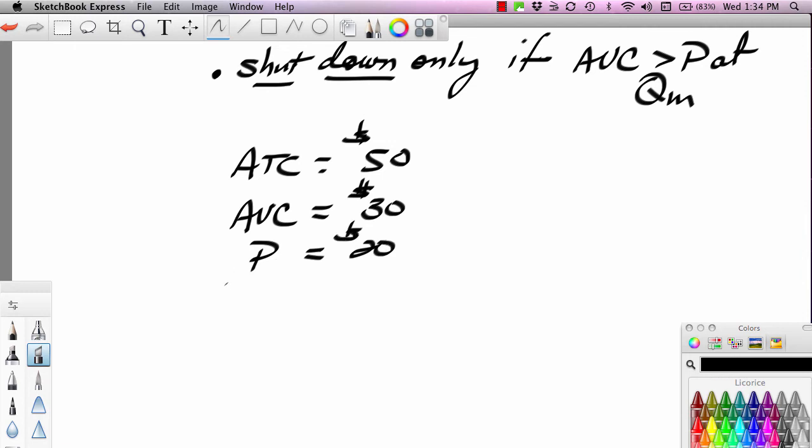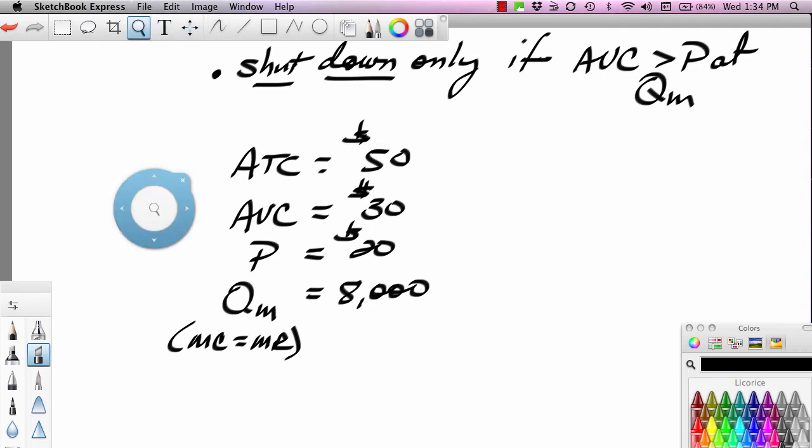And assume that this is all taking place at Q min, where MC equals MR, and say that this is at 8,000 units. Okay, just making the data up. And of course Q min would be where MC equals MR.